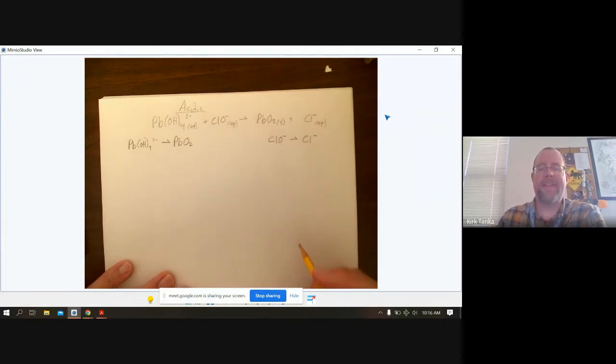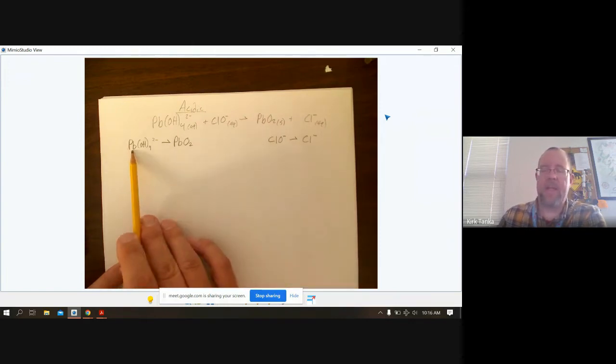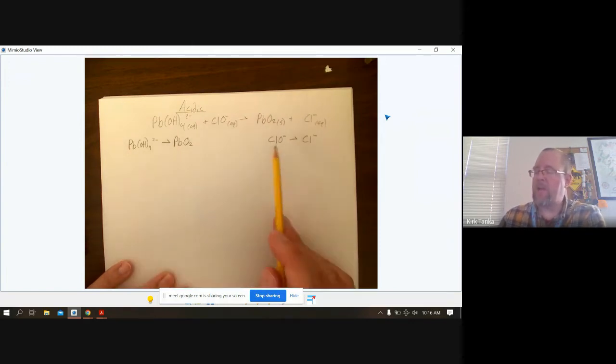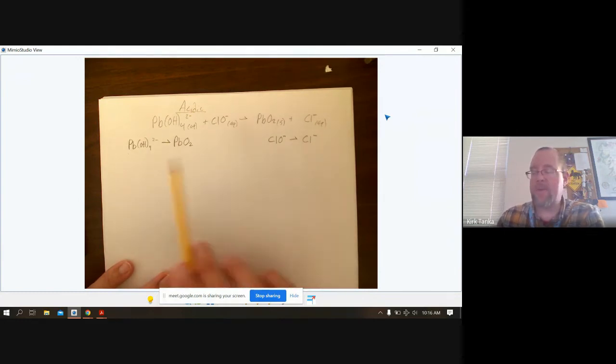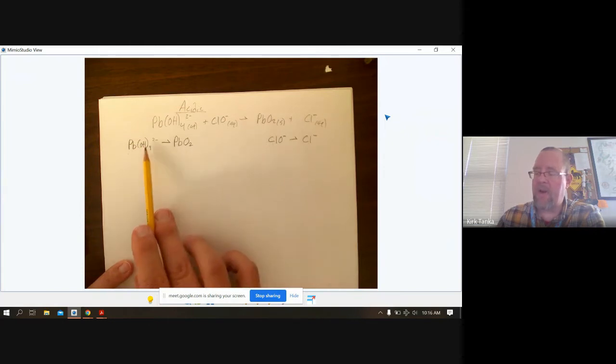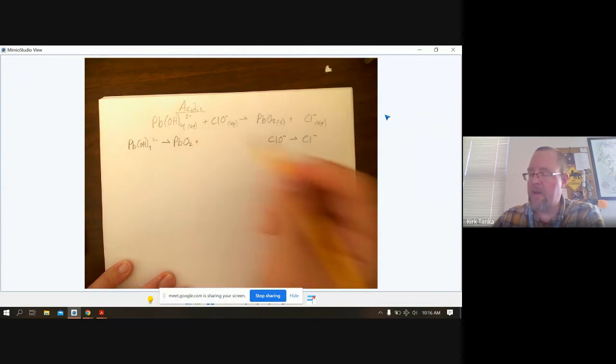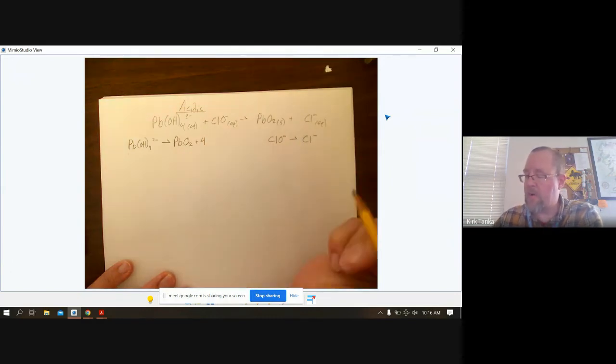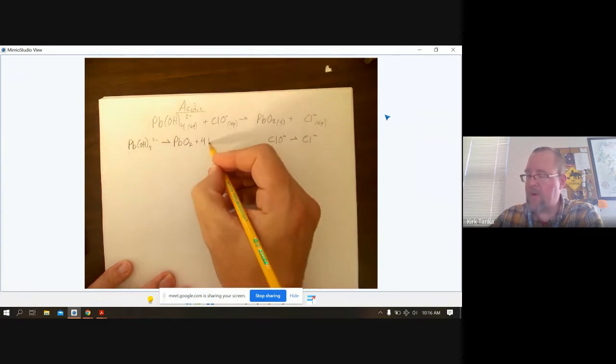First thing is to balance everything that is not oxygen or hydrogen. So the lead is balanced and the chlorine is balanced. The next step is to balance all the oxygens by adding water. I have 2 oxygens here, and over here I have 4 oxygens, so I have to add, let's see, not 4.